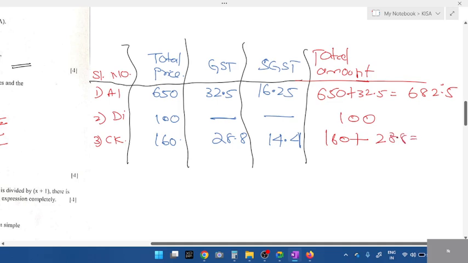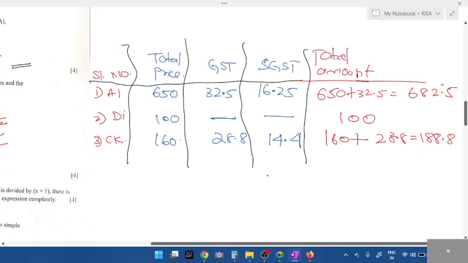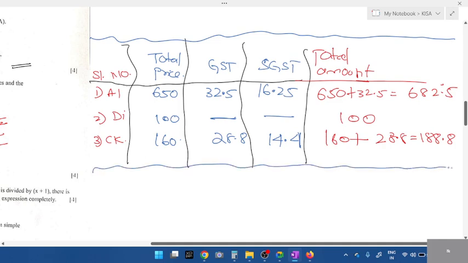What's the answer? 188.8. Yeah, so this would look like this, like the mean, median concept, students, like a mean table. You all can solve this. Is it clear? All of you understood how to solve?